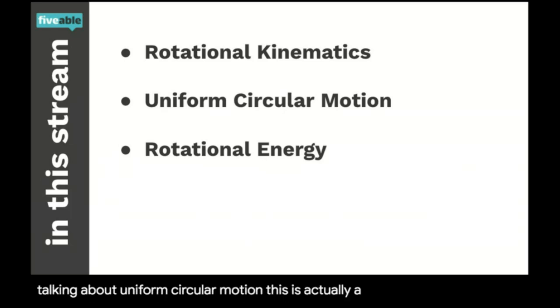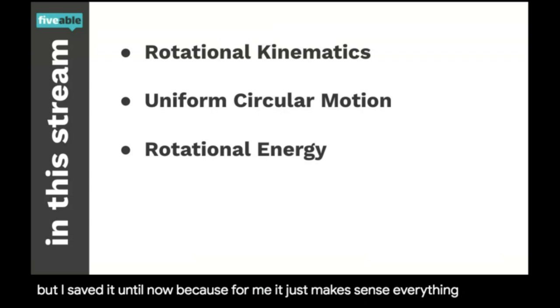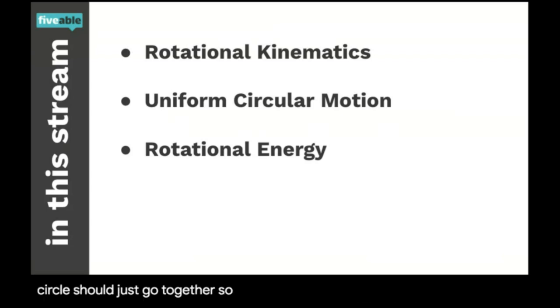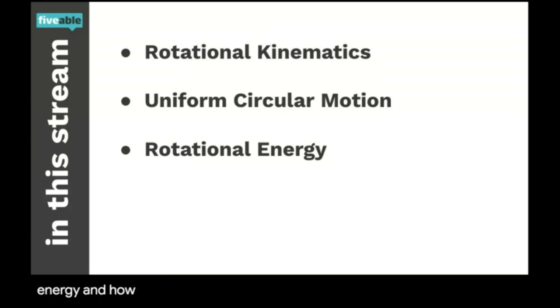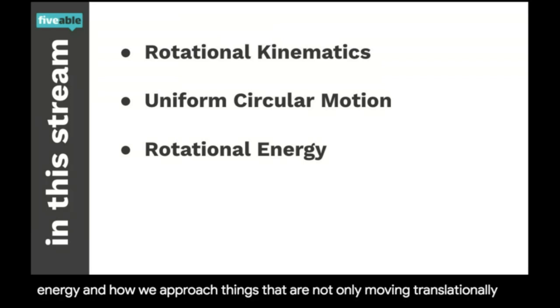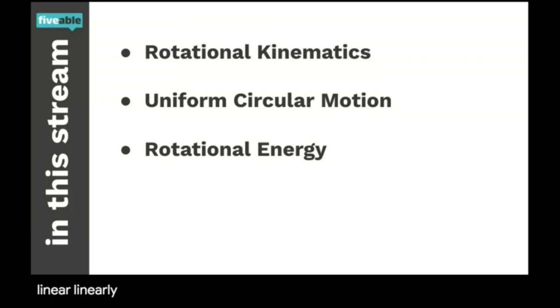This is technically a Unit 2 topic, but I saved it until now because for me it just makes sense. Everything going in a circle should go together. And then in the last part of the cram today, we'll talk about rotational energy and how we approach things that are not only moving translationally or linearly, but also rotating at the same time. That is the plan.